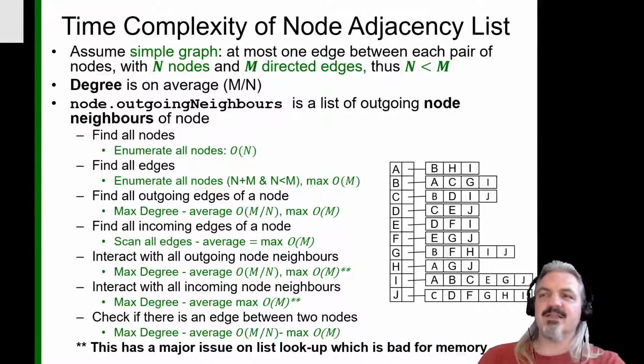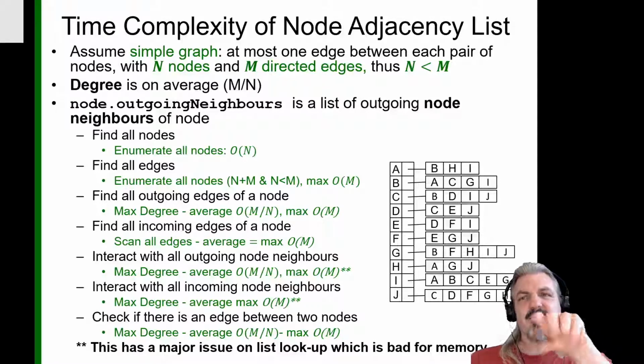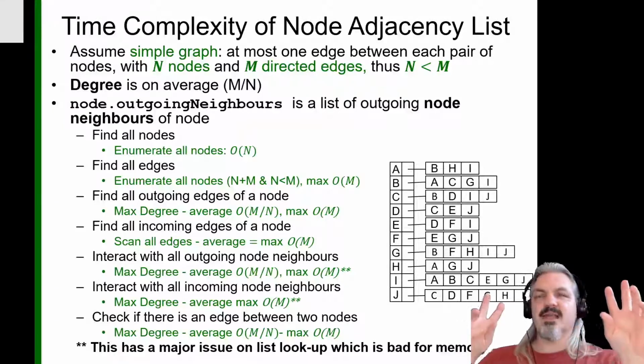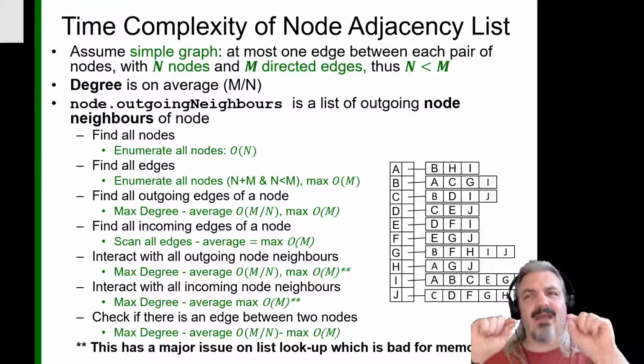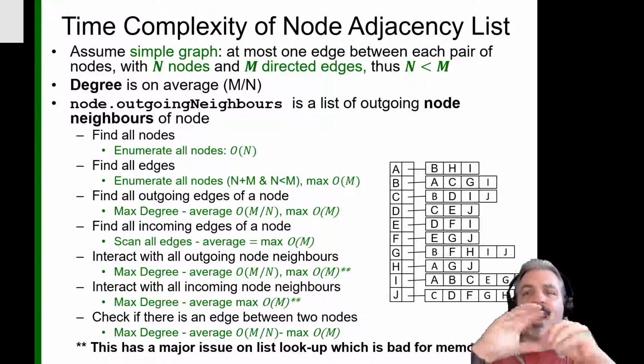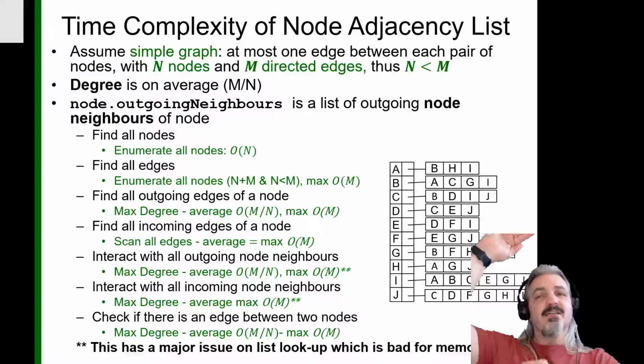When we're finding edges in the graph, we have to go through the list of nodes and find the outgoing edges, but because that's on average, that would be what we call the degree. On average, that would be the total number of edges divided by the number of nodes.